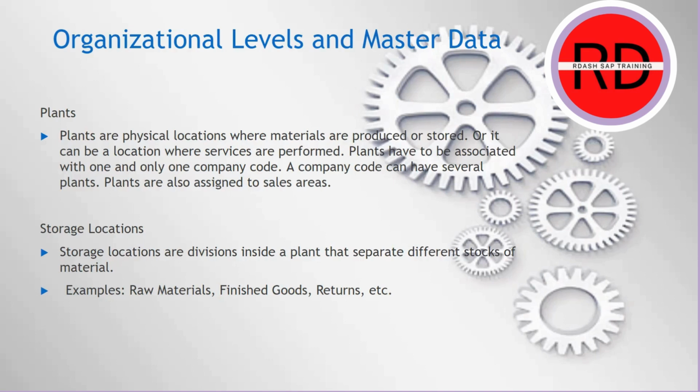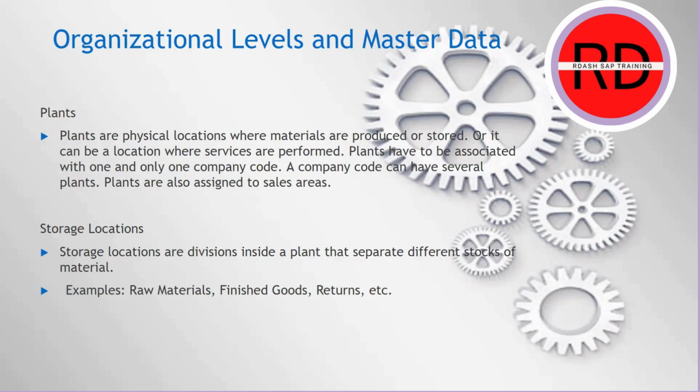In each storage location, you can keep different types of material. Different types of material means you have a finished good, the final product which is produced inside your plant. That is going to be stored inside, say, storage location one.